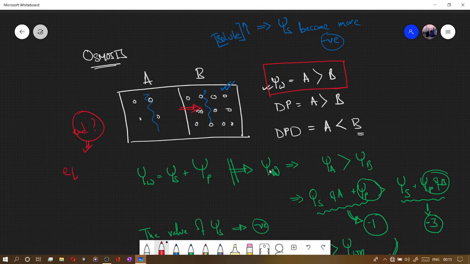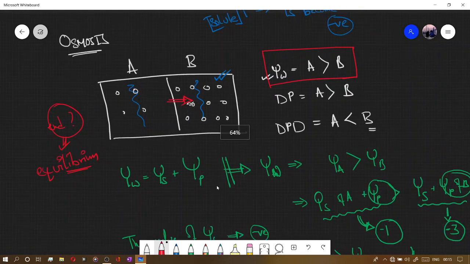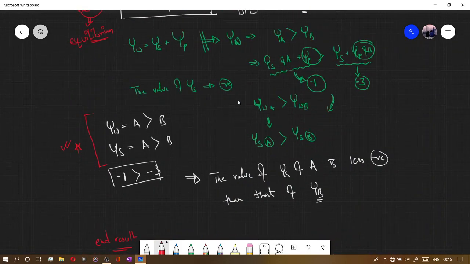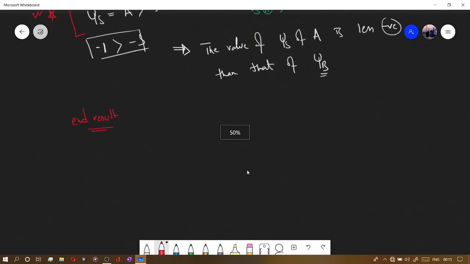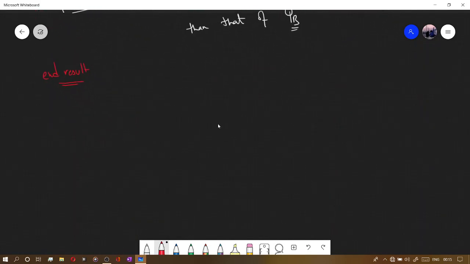Well, in the end, there is equilibrium. So let's come to that conclusion via a graph. Let me make a graph for you.